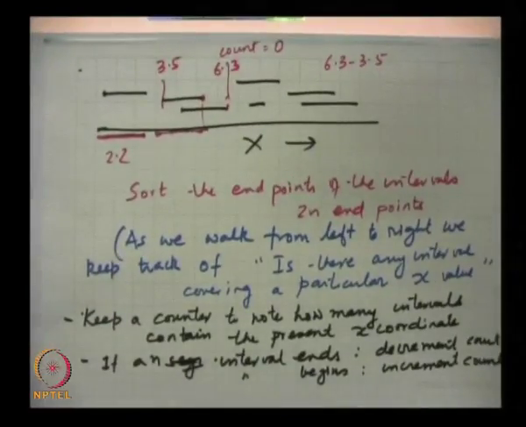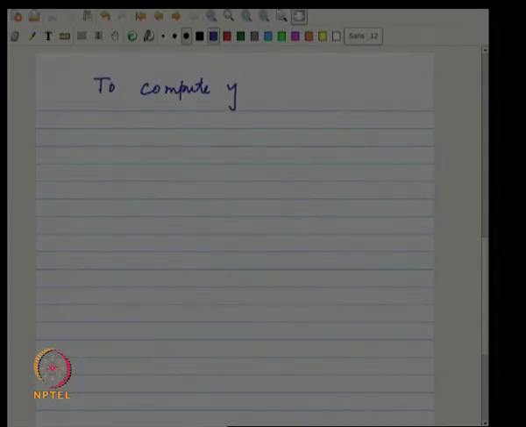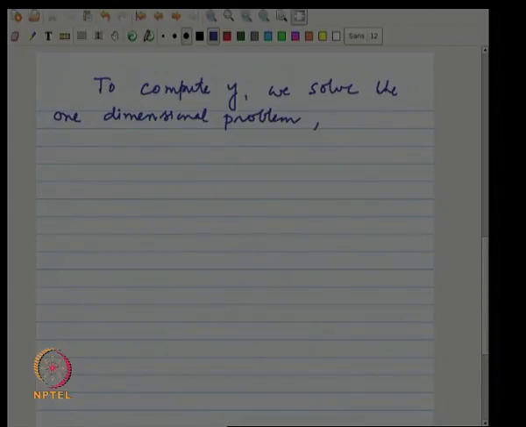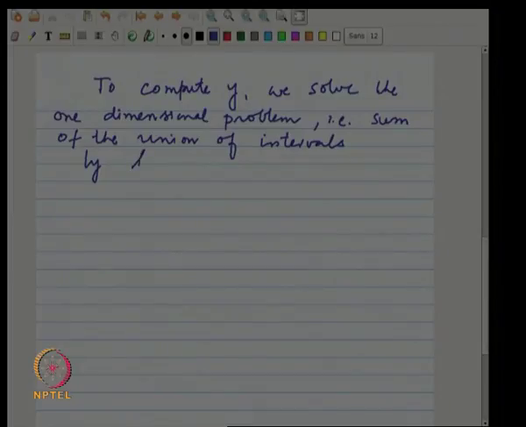Let me note that to compute y is to solve the one dimensional problem, i.e., the sum of the union of intervals, again by some kind of line sweep method.